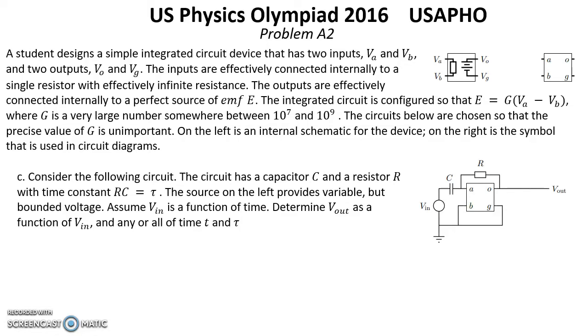The circuit has a capacitor C and a resistor R with a time constant RC equals tau. The source on the left provides variable but bounded voltage. Assume Vin is a function of time. Determine Vout as a function of Vin and any or all of the time t and tau.